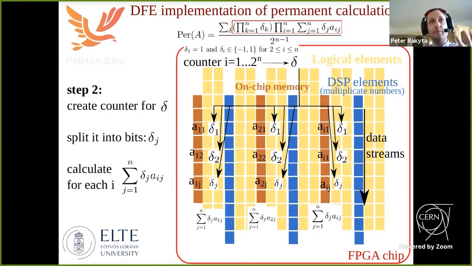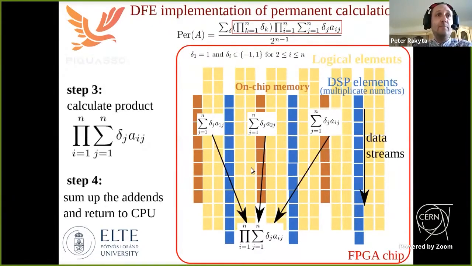This step consumes a tremendously large amount of logic on the chip, and this is the point where we are still working with Maxeler to reduce the consumed logic over the FPGA chip. But currently we have this implementation, and we calculate the sum of this delta times a product for each row of the matrix, which is indexed by i.